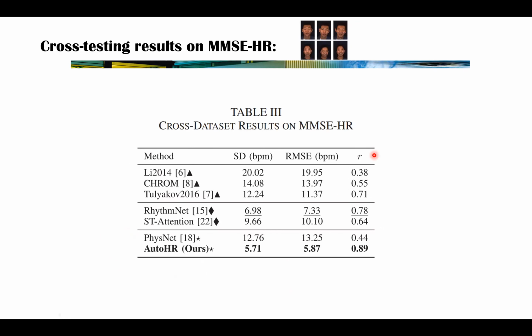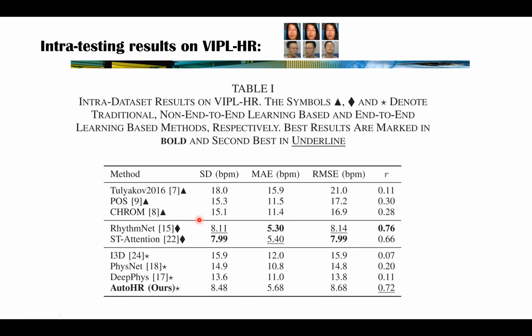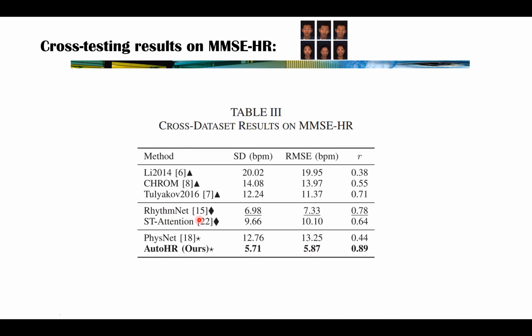When testing on VIPL-HR and testing on MAHNOB-HCI, it's interesting to find that our AutoHR's generalization ability is better than the non end-to-end methods. That means the non end-to-end methods may work very well in intra-testing on these two datasets, but they may be overfitting in some domains, for example different kinds of environments.